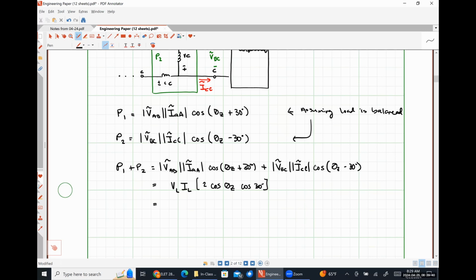Square root of 3. Absolutely right. So 2 cosine 30 looks like square root of 3. Then I have VL, IL, cosine theta z. Does this look familiar?